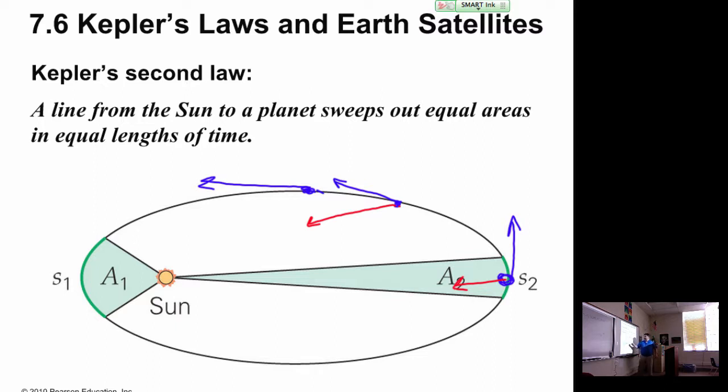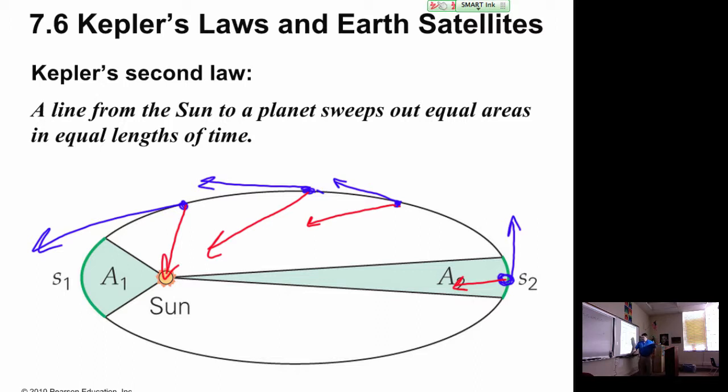But now it's closer. So what happens to the force between the sun and the planet? It's greater and it increases. But now it's closer yet. So now what's the planet doing? Going faster. The force is really strong.